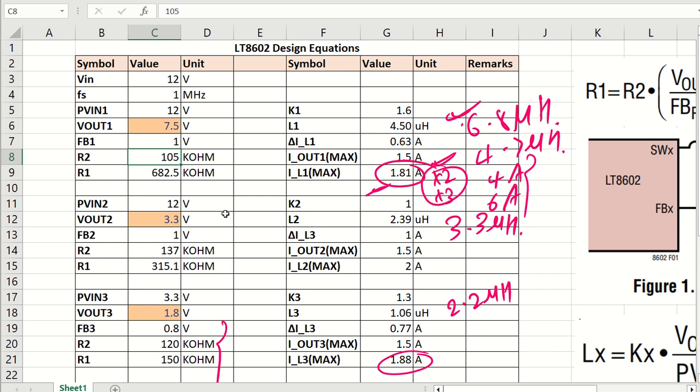And if you take R2 value as 150 kilo ohm, then R1 will be calculated as 975 kilo ohm. So we can keep it, let's say 100 kilo ohm itself, that is going to be 650 kilo ohms. Okay, so based on this output value settings, you can calculate your R1 R2 for your feedback resistor network, and this is how you are going to design your circuit.